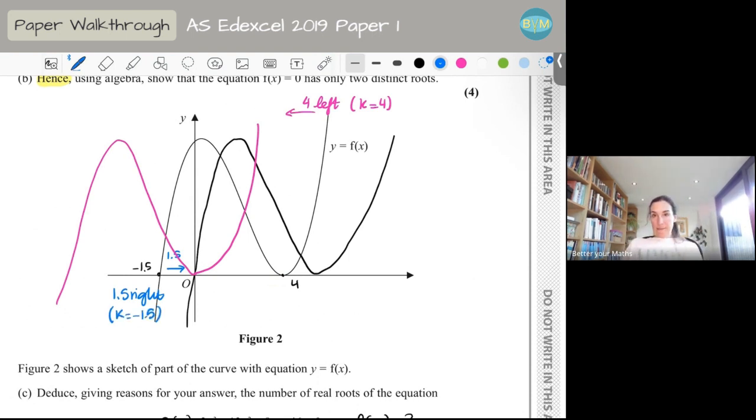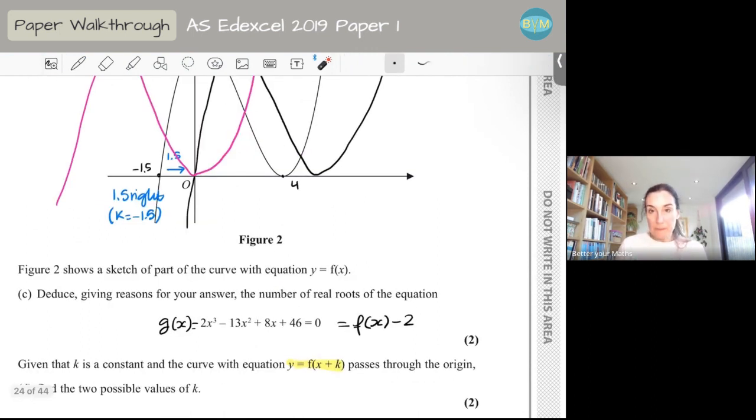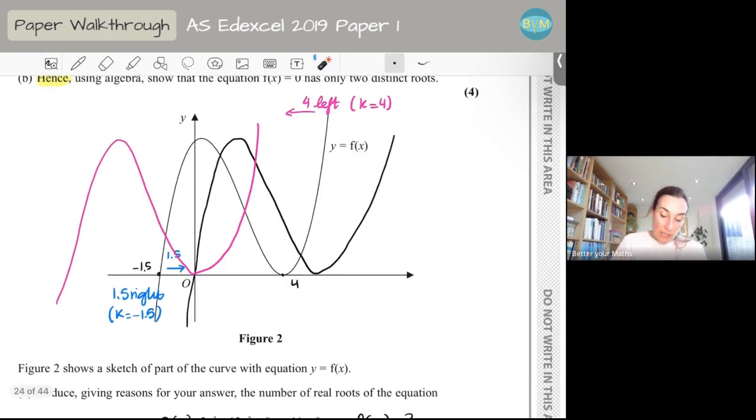Can you see that? So remember, when I am adding a positive value of k, it's moving left. I know it's counterintuitive. And when it's negative, it's moving right. So if I move it left by 4, k is positive 4. If I move it right by 1.5, my k is minus 1.5. And those are my possible values of k.